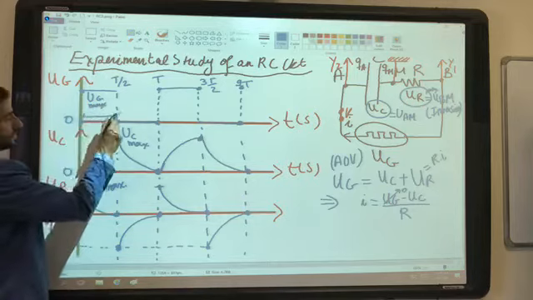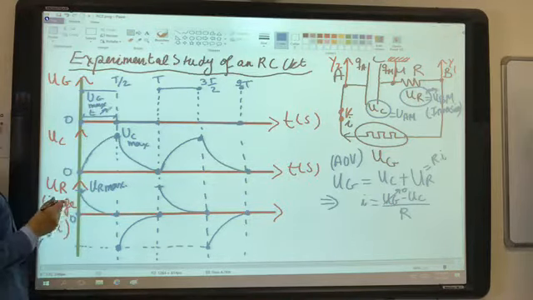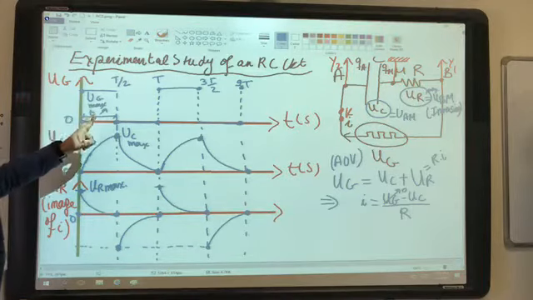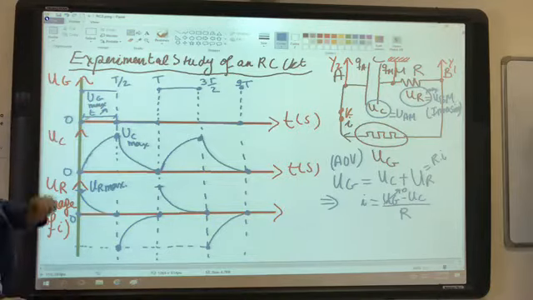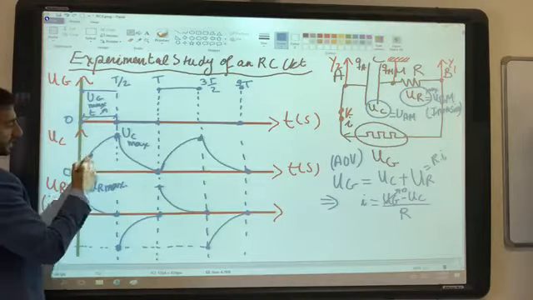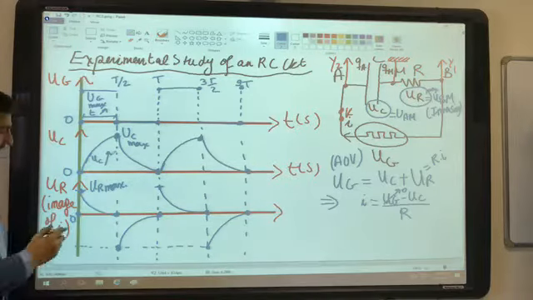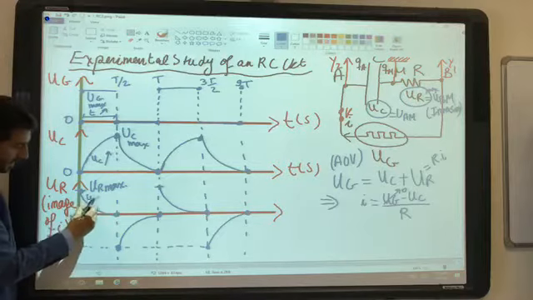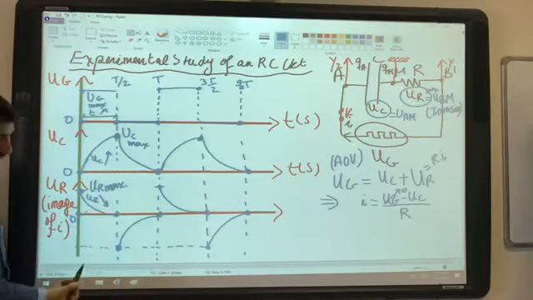From 0 to here, as T increases from 0 to T period over 2, the U of G is actually maximum, and the U of C is increasing. So U of C increases from 0 to period over 2. However, U of R decreases from 0 to T over 2.